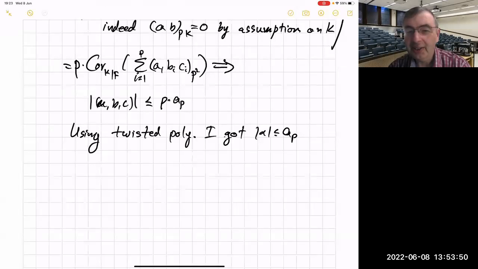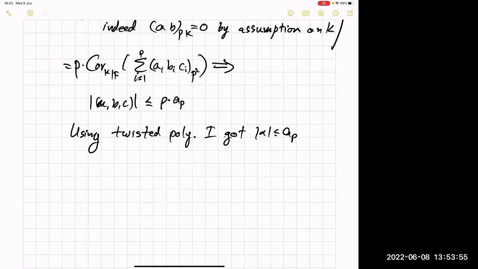Are there any techniques for proving lower bounds on the symbol length? That's a good question with no good answer in my mind, at least. I'm not sure.